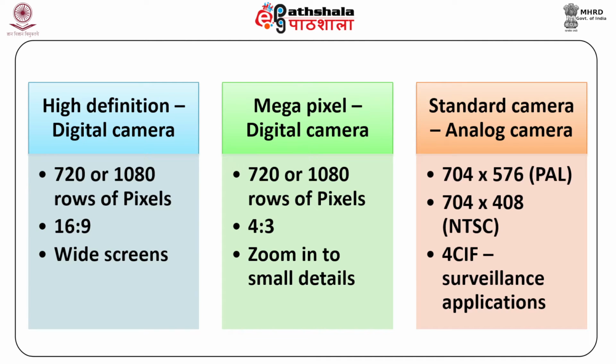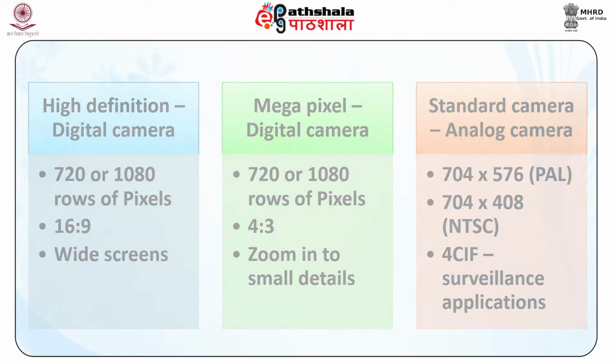It is 720 or 1080 rows of pixels, format is 4:3. It allows you to zoom into small details while maintaining image integrity. Then is standard definition or SD analog camera, which is 704 by 576 PAL, 704 by 408 NTSC and 4 CIF, sufficient to meet many surveillance applications.